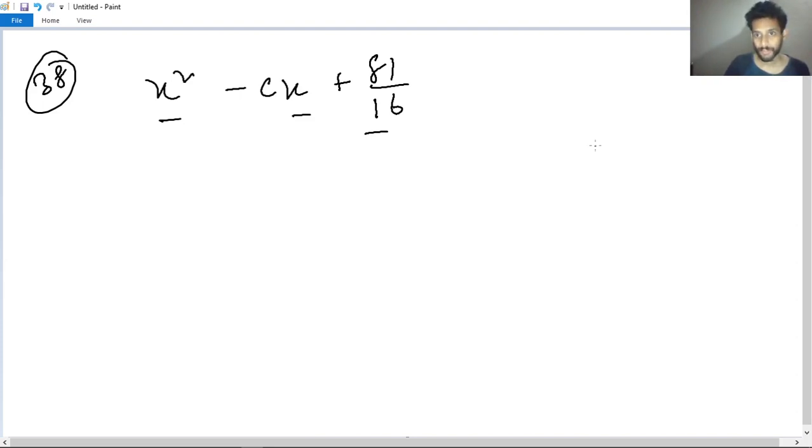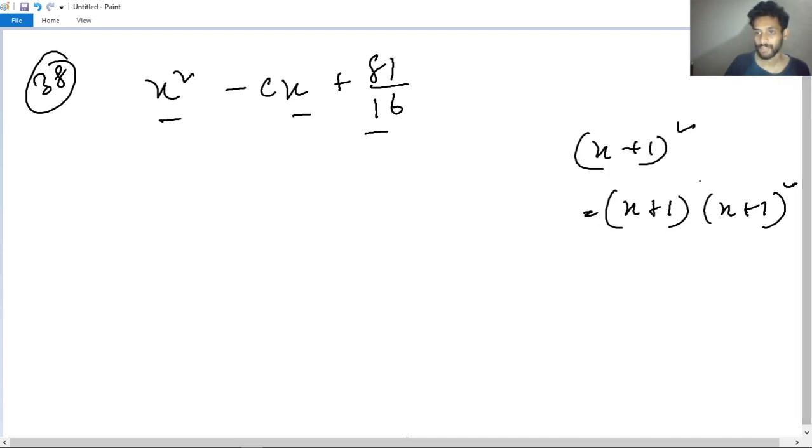This means x plus 1 whole square is x plus 1 into x plus 1, so the factors are the same.